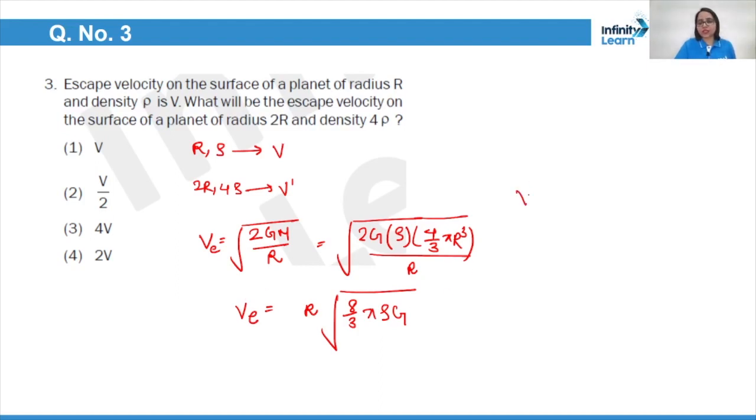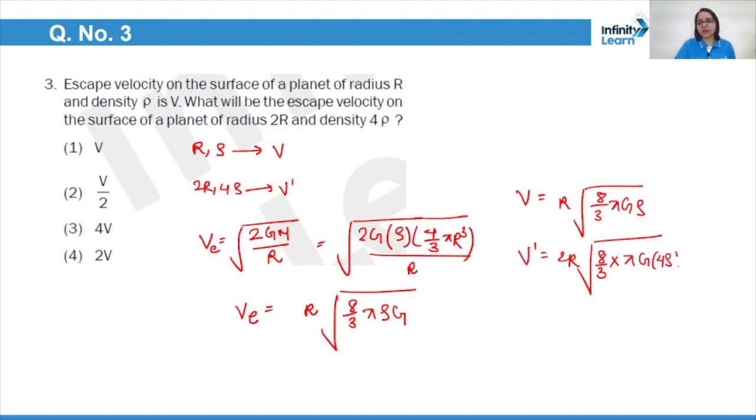In the first situation, it is v when radius is r and density is rho. When radius becomes 2r, let's say it is v dash and density is 4 rho. So this is the second situation, 2r into under root of 8 by 3 pi G into 4 rho. Let's divide these two expressions.